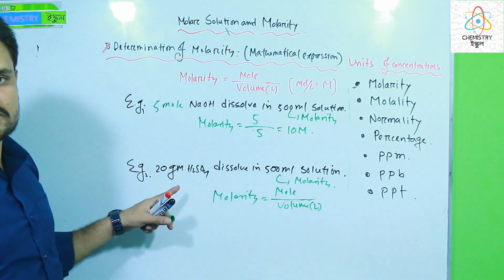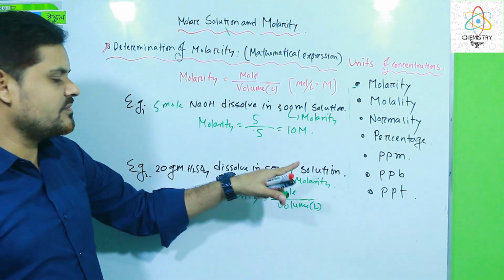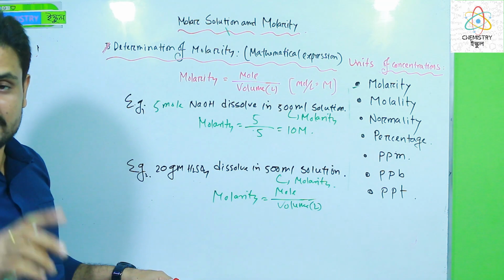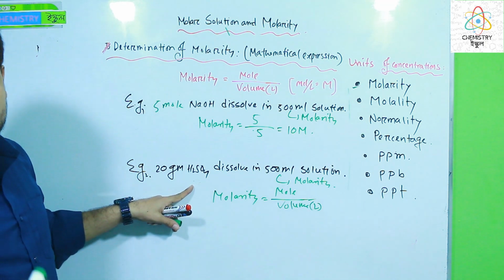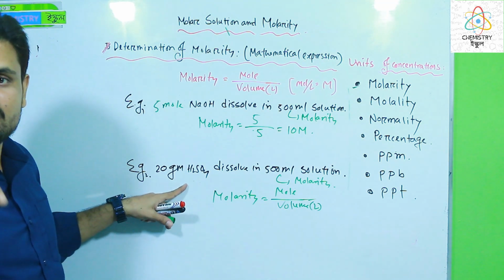Look at the problem here. 20 gram of sulfuric acid dissolved in 500 milliliter. But here there is no direct mole number, and that is why you should first find out the mole.